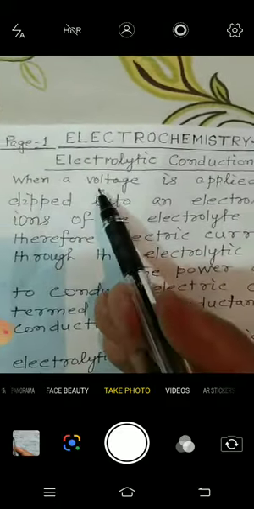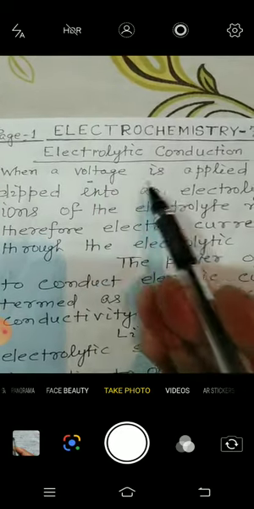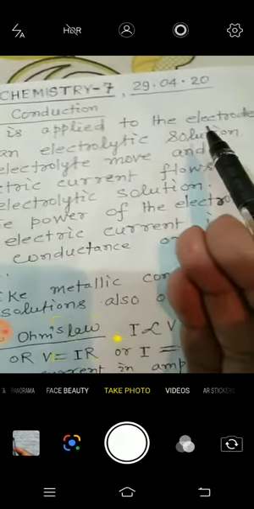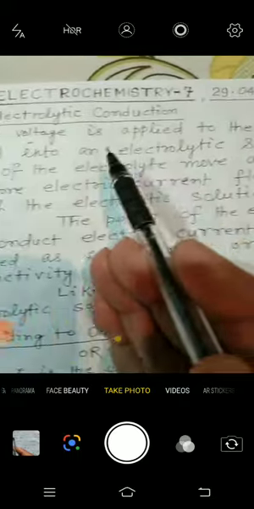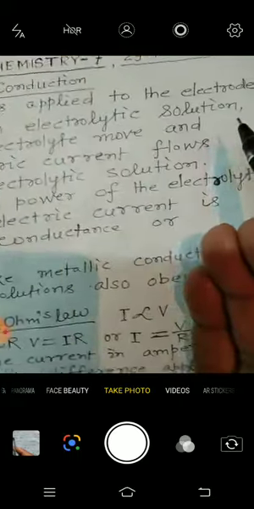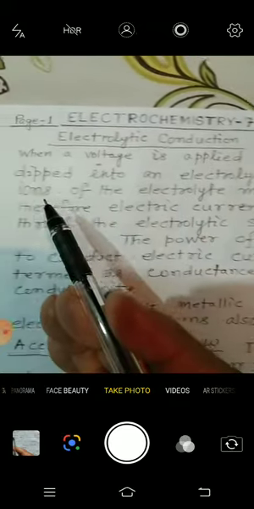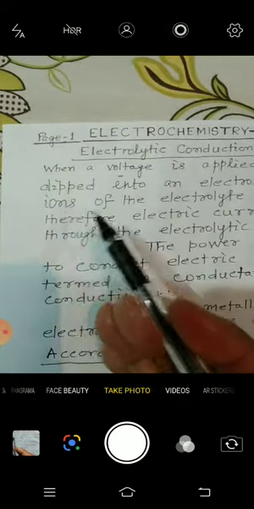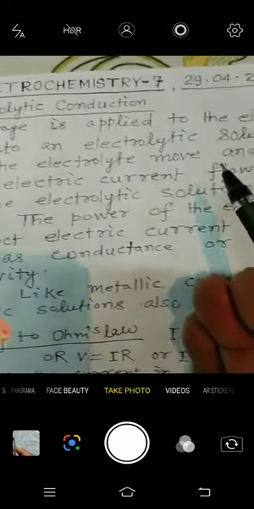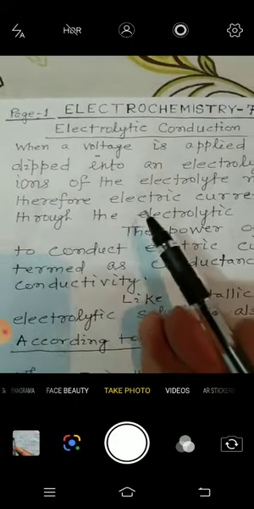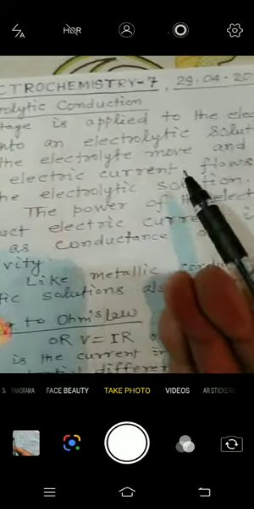When a voltage is applied to the electrodes dipped into an electrolytic solution, ions of the electrolyte move and therefore electric current flows through the electrolytic solution.